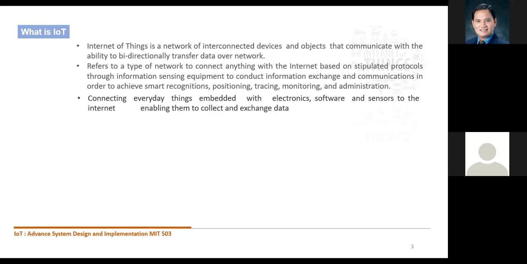To make the story short, it can convert dumb things to smart things. And being smart, it is able to communicate, and we are able to speak to devices, listen to the devices, and even understand them.